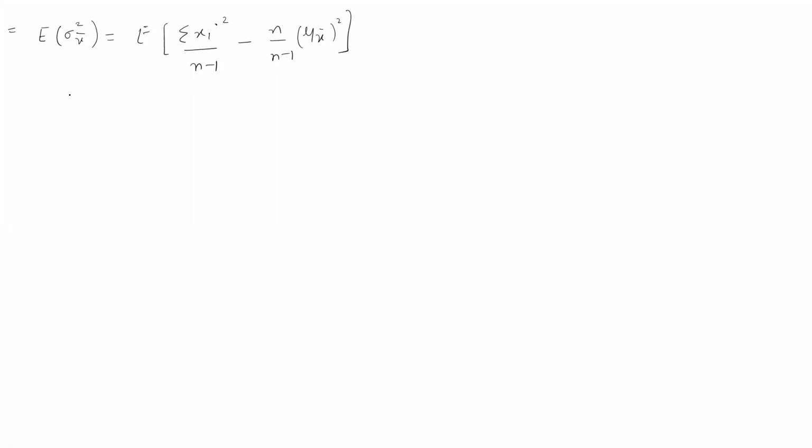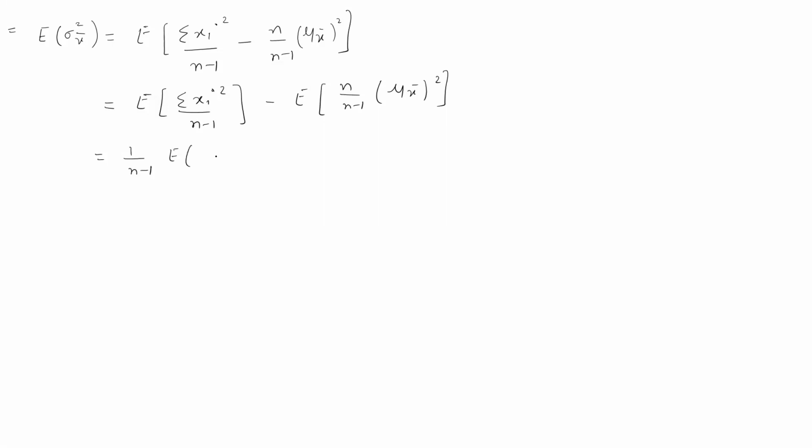So now we can write the expectation of each term. So this will be expectation of summation of xi square divided by n minus 1 minus expectation of n divided by n minus 1 into mu of x bar whole square. 1 by n minus 1 is a constant term, so it can come outside the expectation.